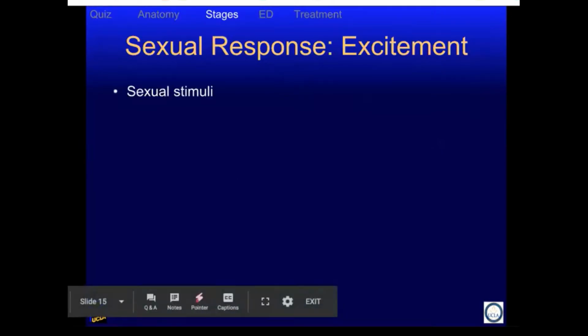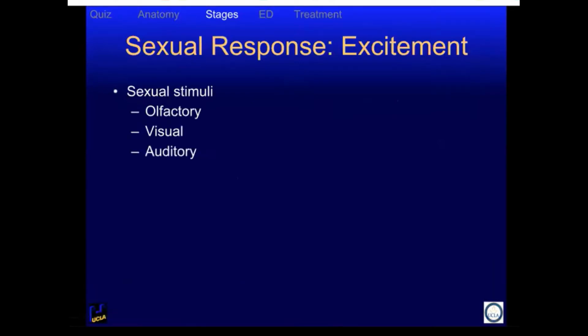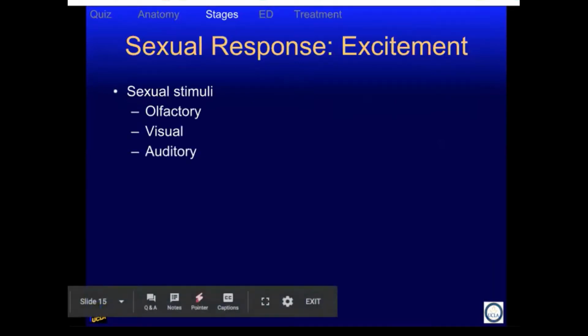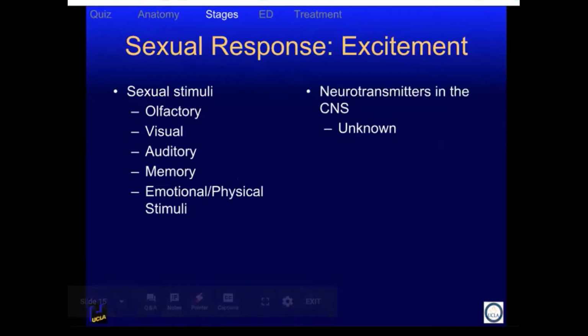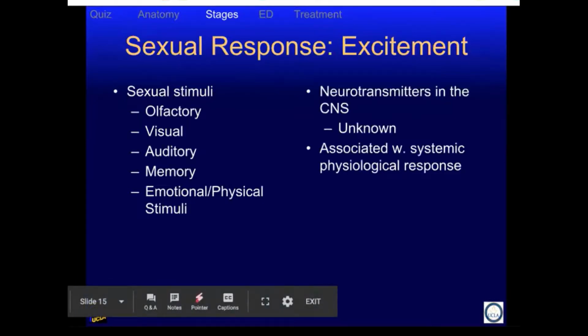So the second phase, excitement, can be multiple sources: olfactory, visual, auditory, memory, emotional, physical stimuli. It's not known what the neurotransmitters are that regulate this process, and it's associated with systemic physiological response.